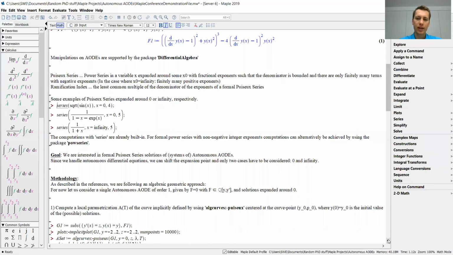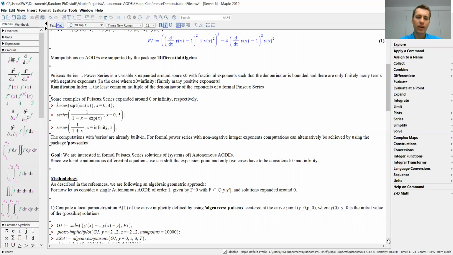In the exponents, the denominator is bounded. There are only finitely many terms with negative exponents. In the case where the expansion point is infinity, there are only finitely many positive exponents involved.